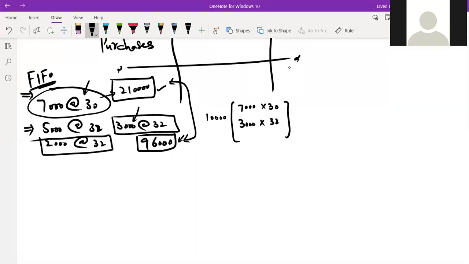Their total cost we just calculated was 306,000, right? And we also noted that this is your remaining inventory, remaining purchases. You have only 2,000 goods left, which are costing you 32.